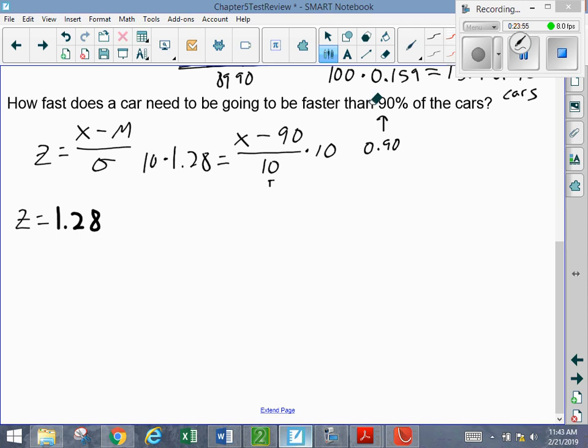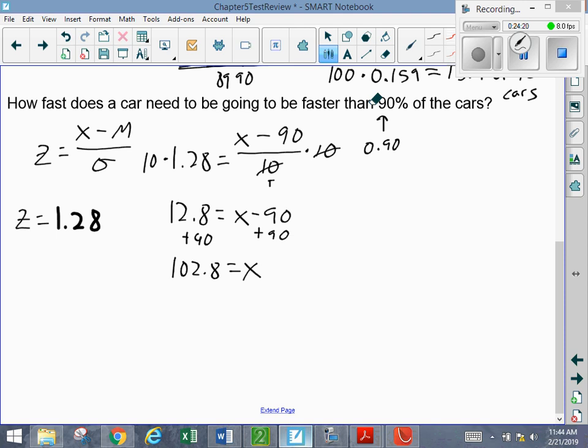Multiply both sides by 10. That gives me 12.8 equals x minus 90. Why? Because those cancel. I'm going to add 90 to both sides. I get 102.8 kilometers per hour is x.